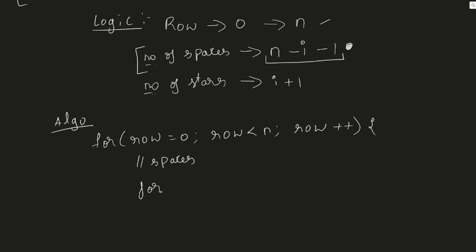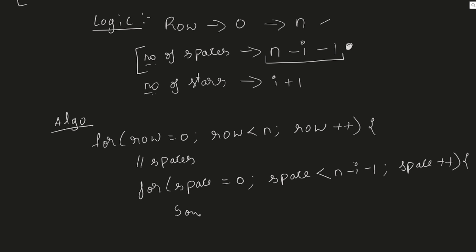Spaces: for space equals 0, space lesser than n minus I minus 1, space plus plus. Print an empty space, and this should be printed without a new line character. We are good with number of spaces.